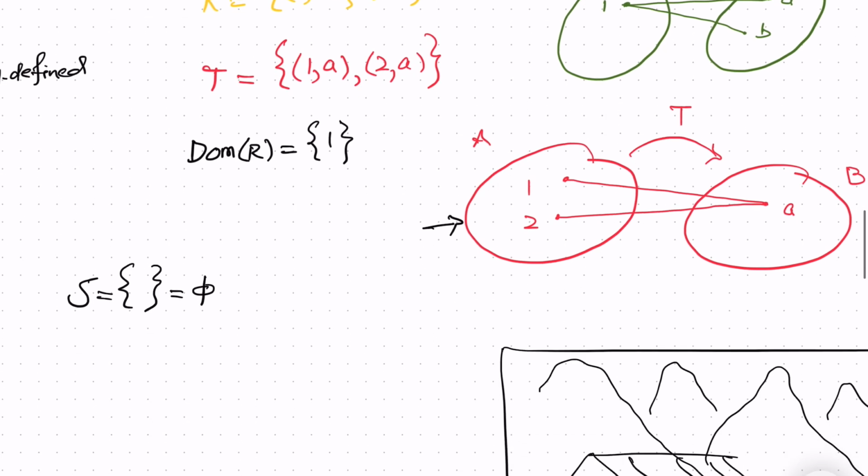What is the domain of T? It is 1 and 2. So in general, we are talking about the x values as the domain, and the range means the y values. But in general, we are saying that those x values which you can plug in and you get a nice output.